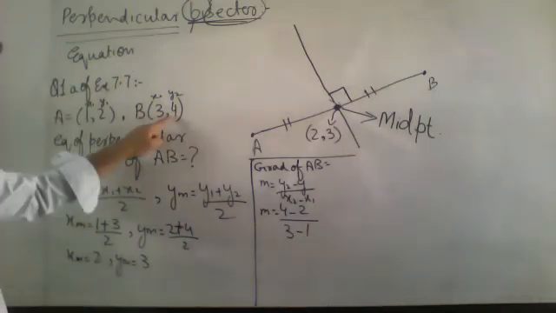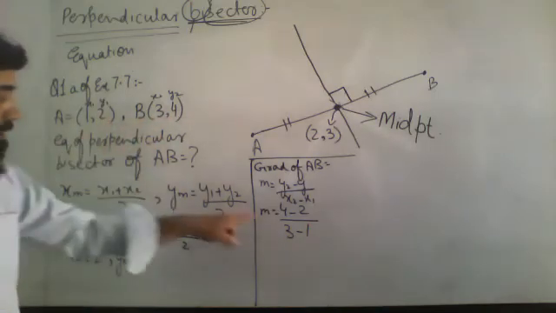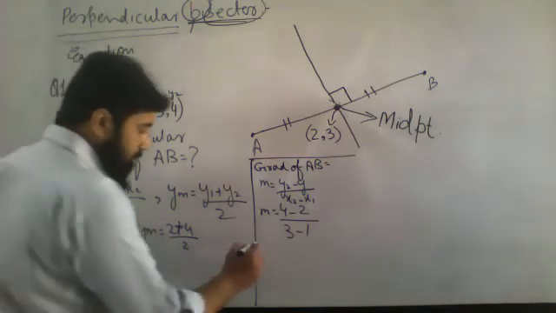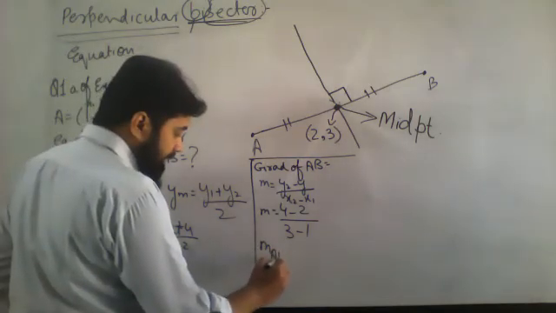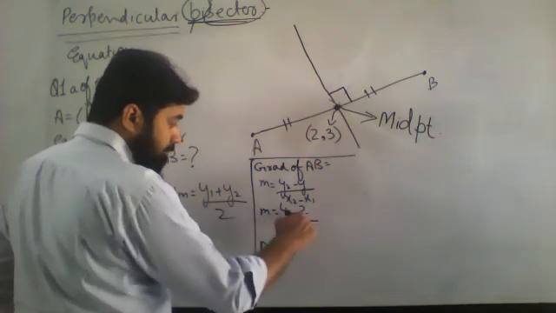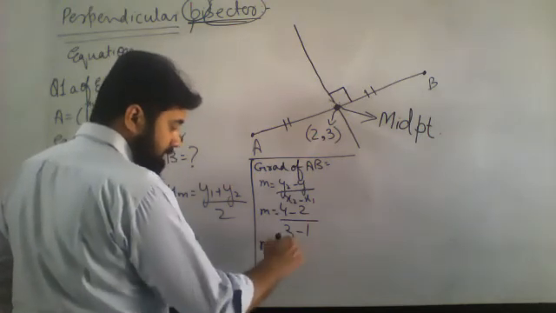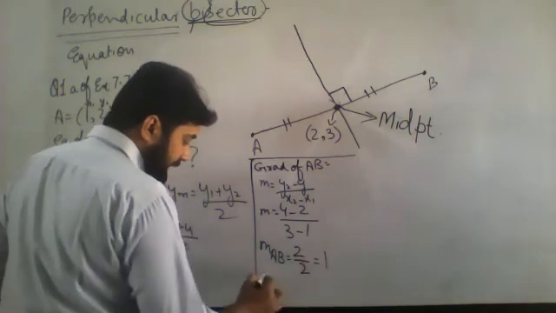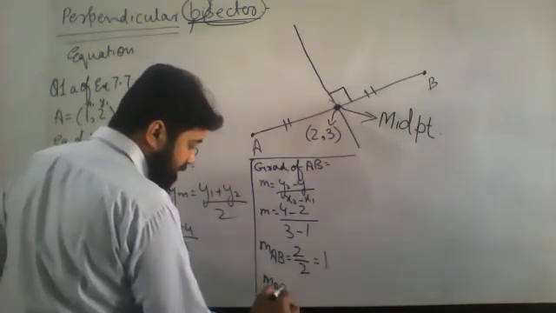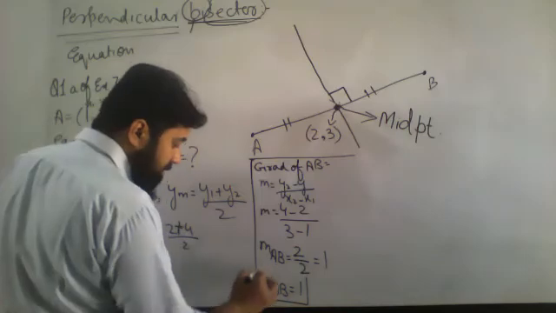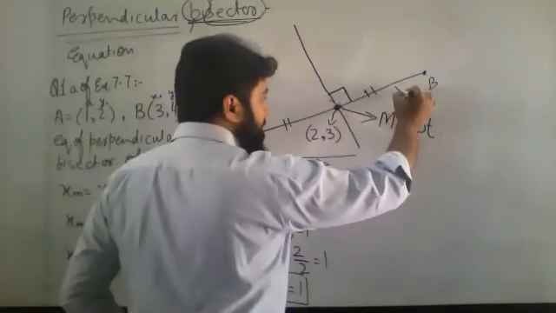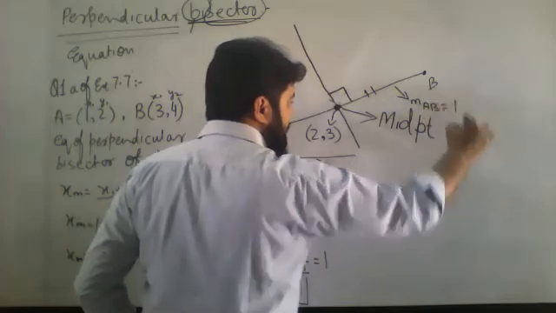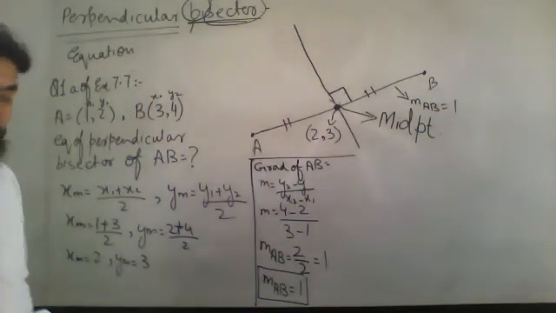So m of AB, 4 minus 2 will be 2, 3 minus 1 will be 2. Simplify it, m of AB is coming 1. The gradient of this line on which I have found the midpoint is 1.